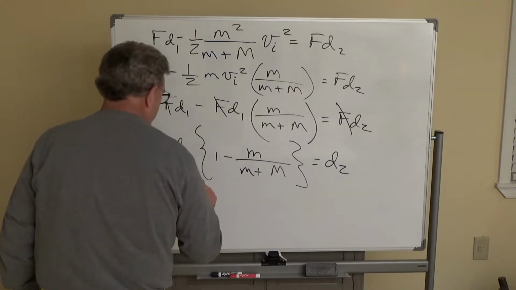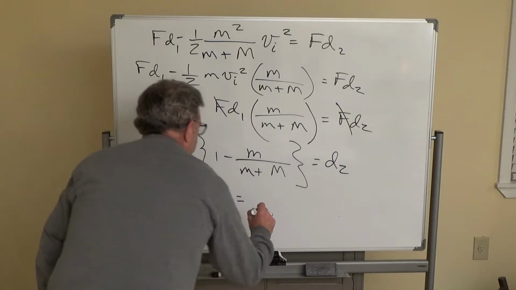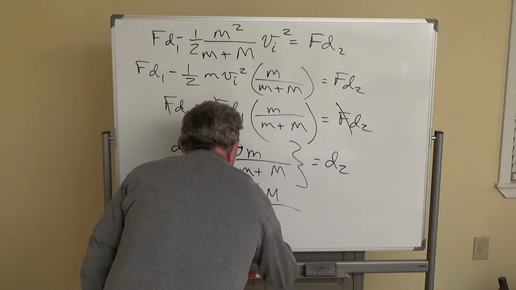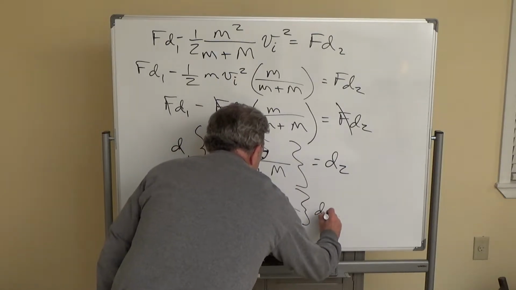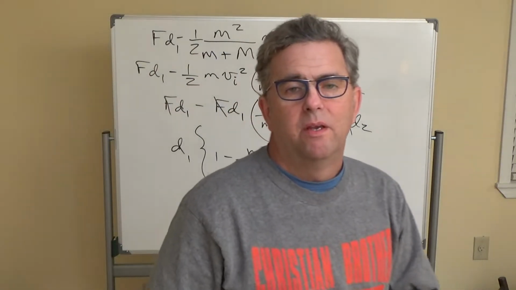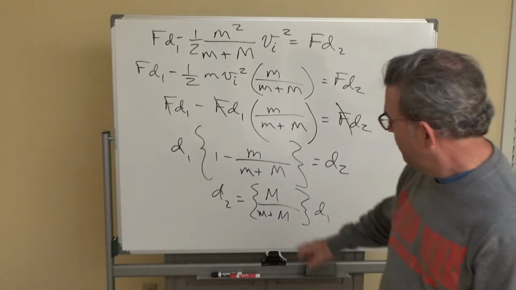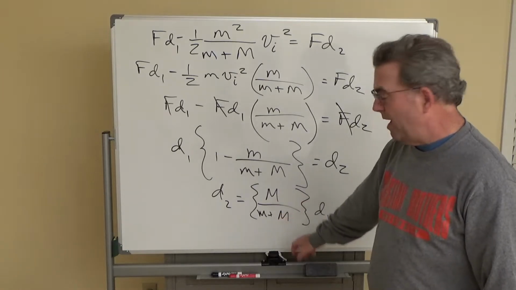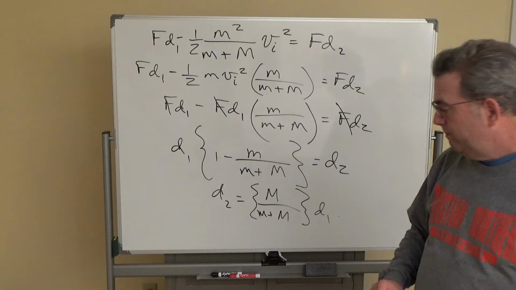So this gives me D2 is equal to big M over little m plus big M times D1. And that's it. Works out to just be a ratio between the mass of the block divided by the total mass of the system times D1.